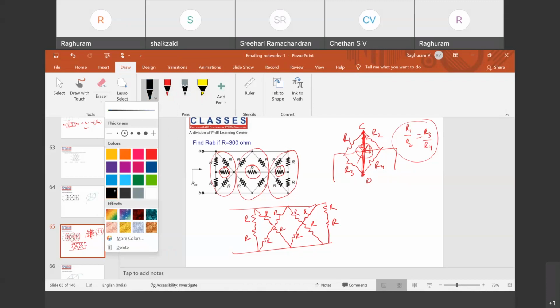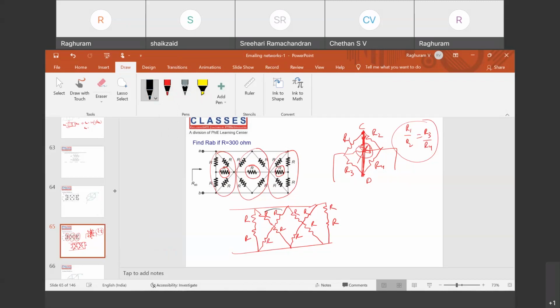How are these two, and these two? Parallel, right? When do you call two resistors in parallel? When both the ends of one resistor are connected to both the ends of the other resistor. Similarly, these two are in parallel, these two are in parallel, so all these are in parallel.